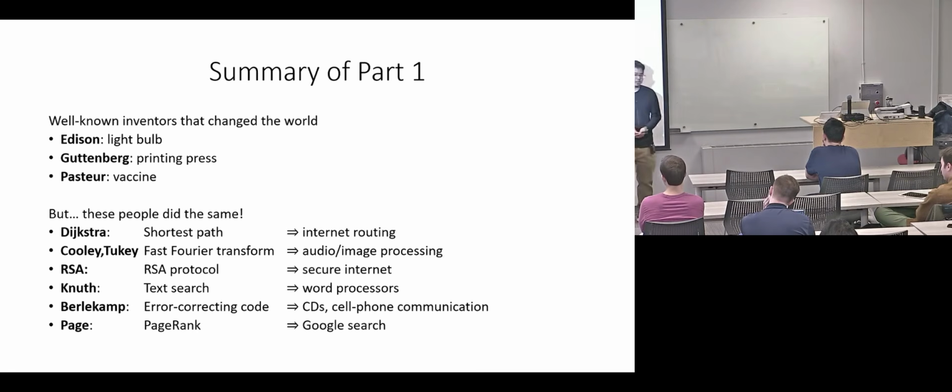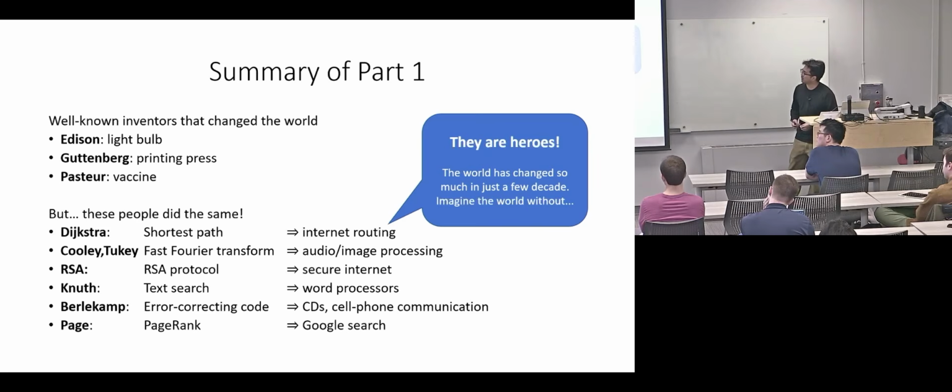So these people that invented one piece of code or piece of ideas, this algorithm really changed the world. So they are heroes as well. The world has changed so much in just a few decades. So I want to point out how influential algorithms can be.